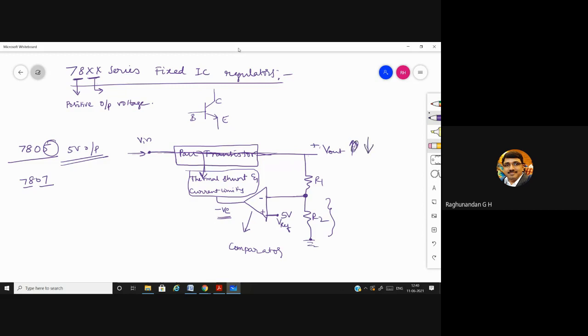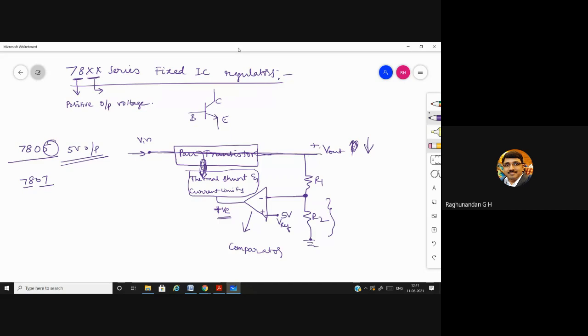And when the voltage is reduced, let us assume below the required value, the voltage at the negative terminal will be lesser compared to the positive terminal. When the positive terminal voltage is greater, it gives a positive voltage. That indicates it should not drive more current. So now it will not drive the current, and more current will flow out towards the output.